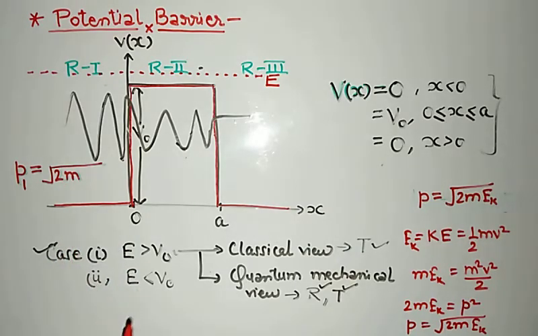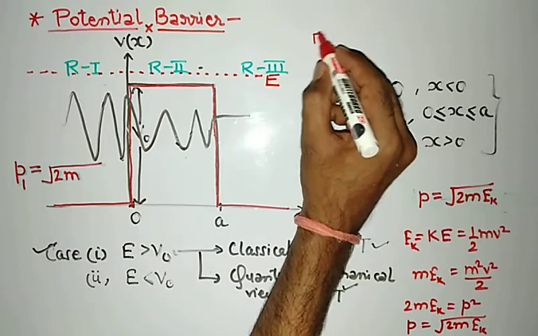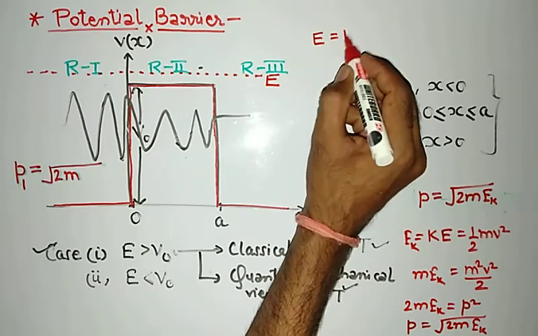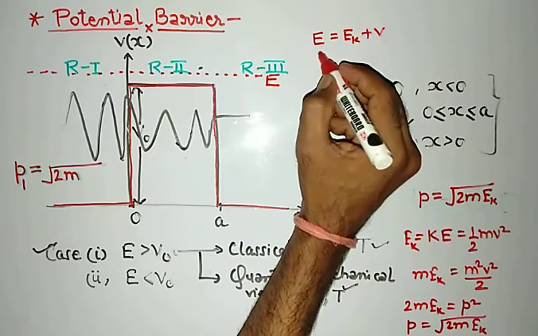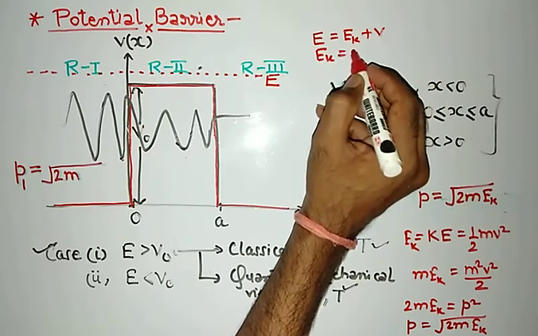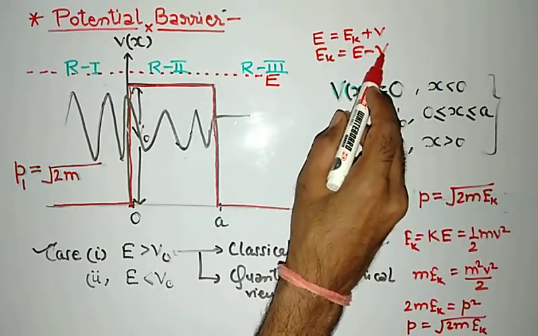Now, total energy is equal to kinetic energy plus potential energy, that is kinetic energy is E minus V, total energy minus potential.